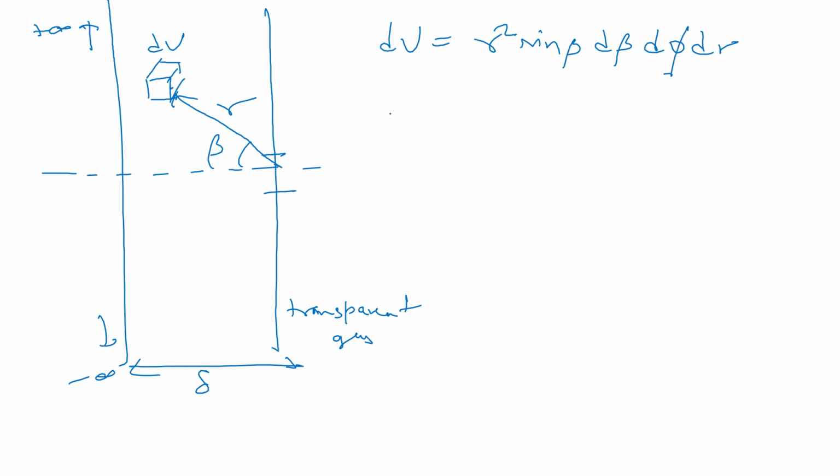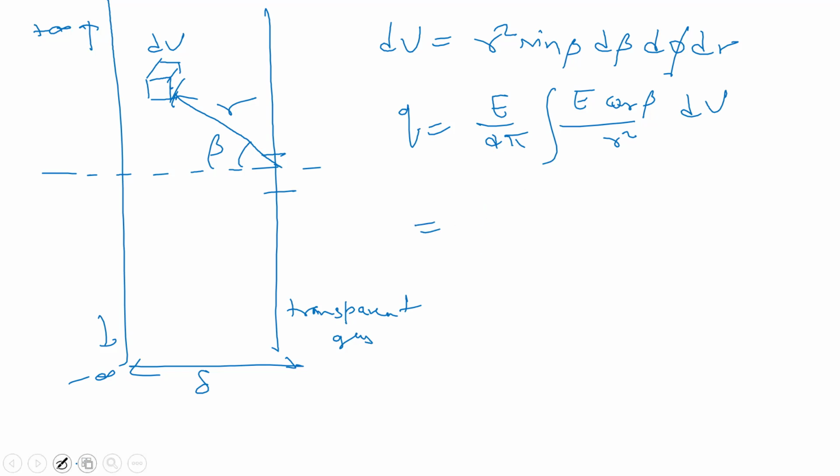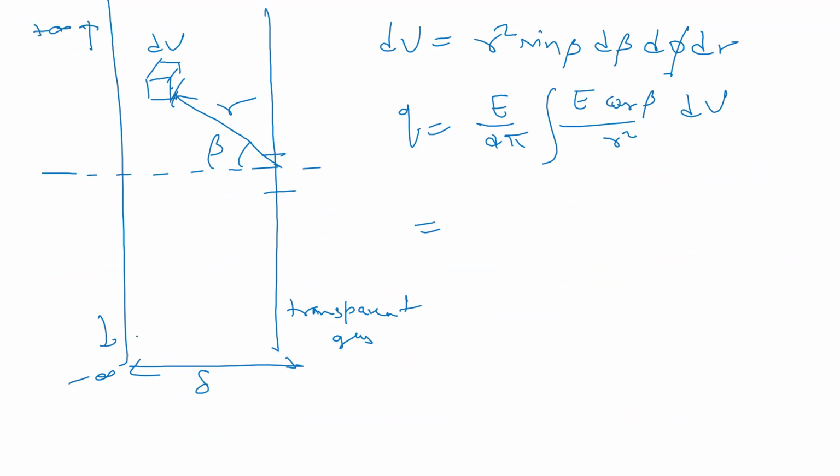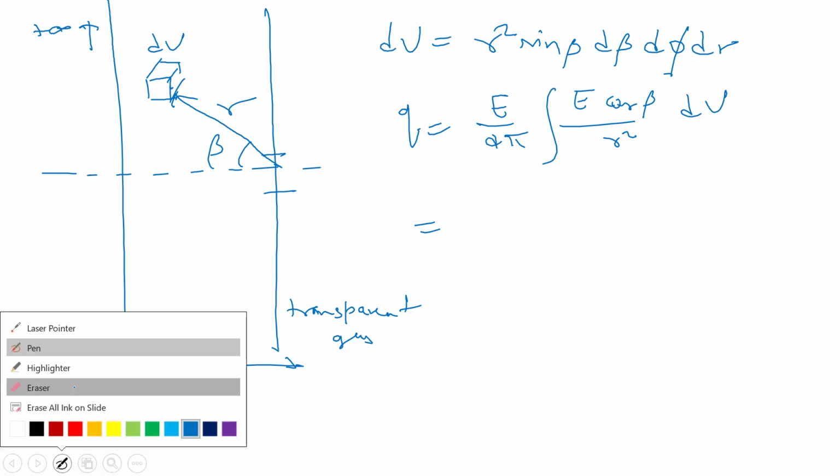So from the previous equation, we know that Q equals 1 upon 4 pi integration of E cos theta upon R square dV. We substitute the dV; one mistake, I used d 2 times, but there is only one d.